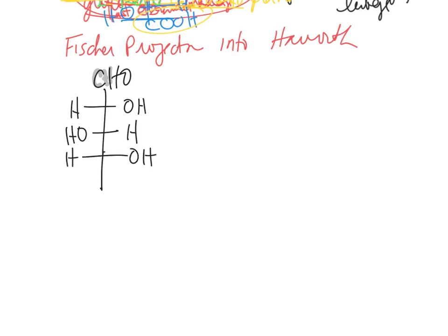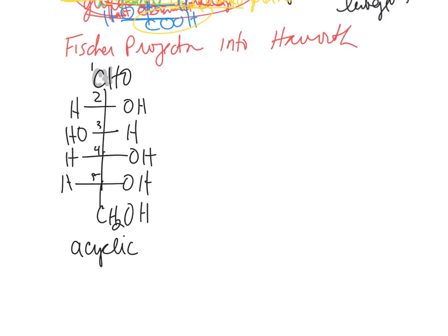And you will have to do this in your open response. 1, 2, 3, 4, 5, 6. Okay, so this acyclic structure would probably be about 0.05% of the time. This is not how you're going to find glucose. Glucose in the blood, you know how we test our blood glucose levels, it's in the Haworth projection.